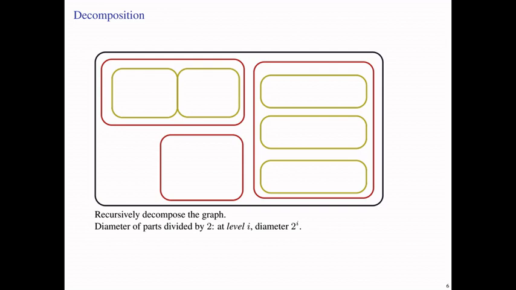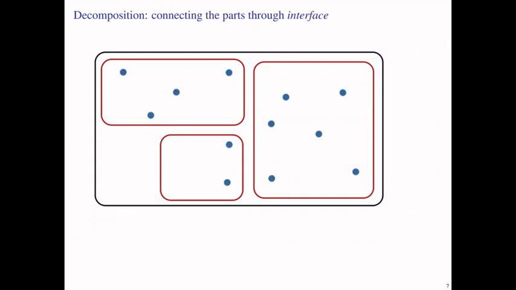Okay. So vertices of the graph lie in some parts of the decomposition at every level, and the algorithm will want to consider each part independently, but it cannot be exactly true. We'll need to have information on the other parts, so we want to have some way of connecting vertices to each other. This is done through interfaces.